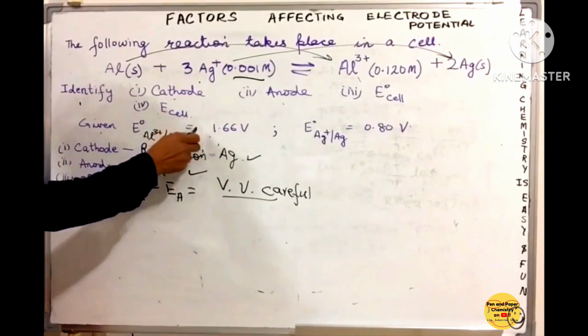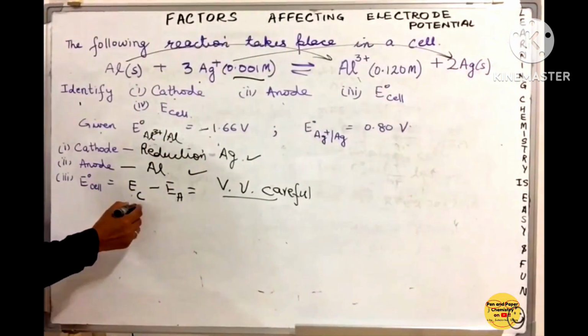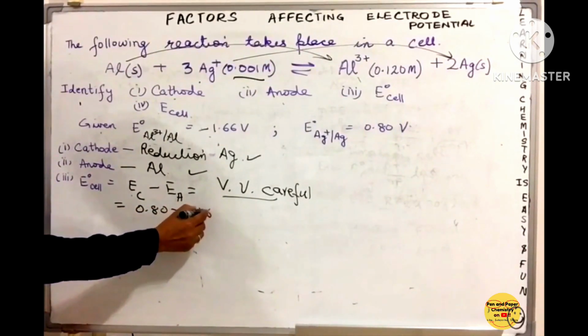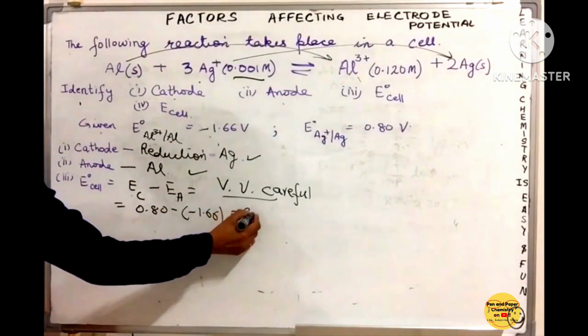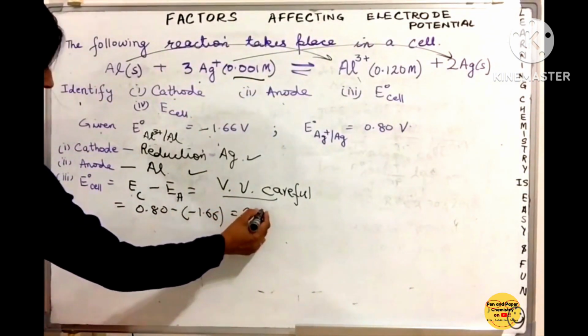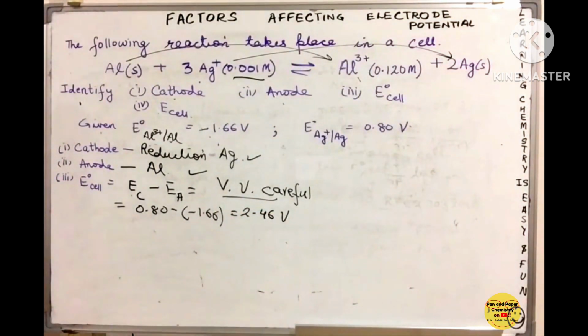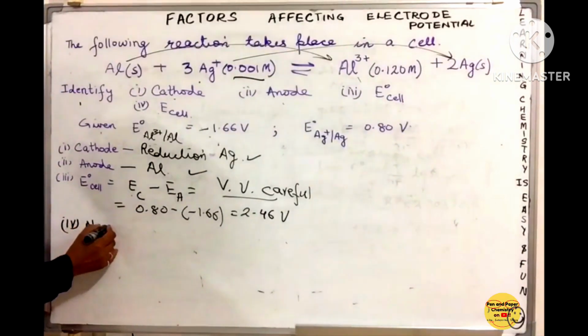And thankfully, in this question, the values provided are the reduction potentials. So the cathode is silver, the anode is minus 1.66, and the value is 2.46 volts. Am I right? Yes. Go on to the fourth part, that is the EMF of this cell. Now this is where the Nernst equation comes in.